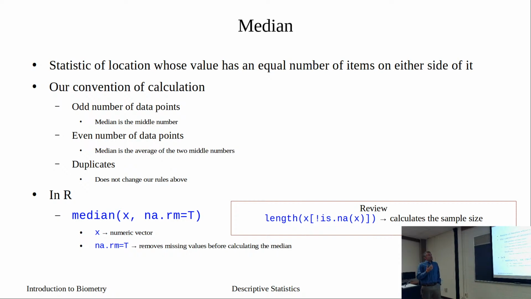So our median is this location statistic. It's the point where we have 50% of the values to the left and 50% to the right. Then we have our convention for an even versus an odd number of data points. If we have an odd number, we have an exact middle point.